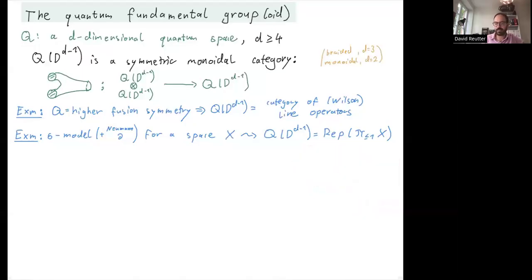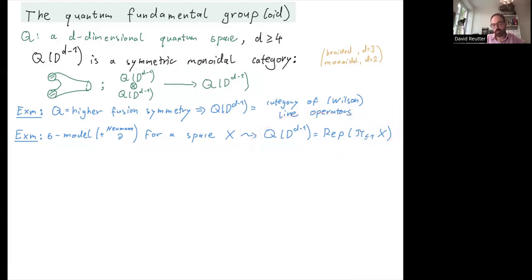And as I said, linearization means you take functors from X into Vec. And what you find then is that this is just a category of representations of the fundamental groupoid. Because X might be a higher space, but Vec is just a 1-category, so it will just factor through functors from pi_1 of X, pi_{≤1} of X. So this is true as a category.